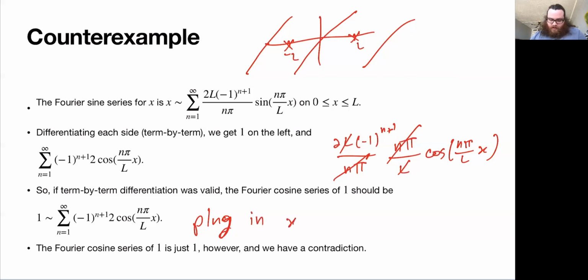Plug in x equals 0, and you're going to get the sum from n equals 1 up to infinity of (-1)^(n+1) times 2. And this series does not converge. Okay, so something went wrong here. The point of this example is that maybe we cannot always differentiate term by term and end up with the Fourier series.